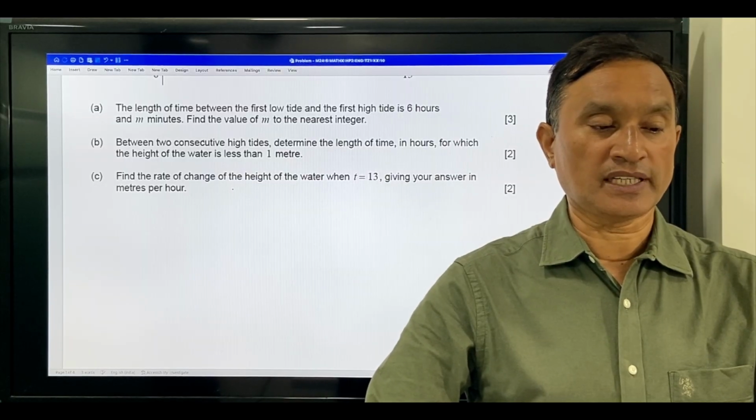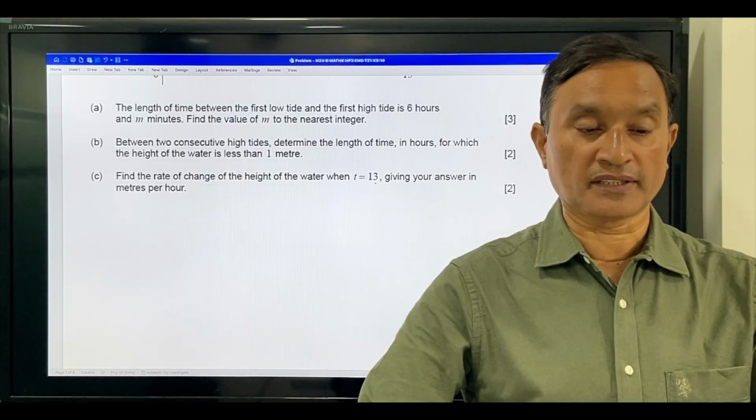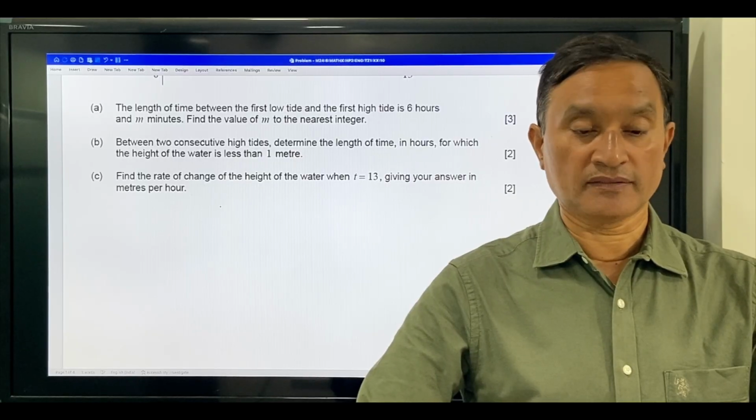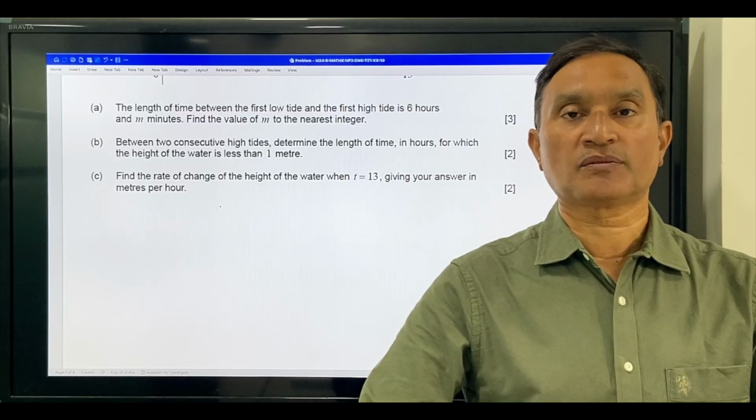Find the rate of change of the height of the water when t equals 13, giving your answer in meters per hour. So now with the help of the calculator, we will again solve this problem.